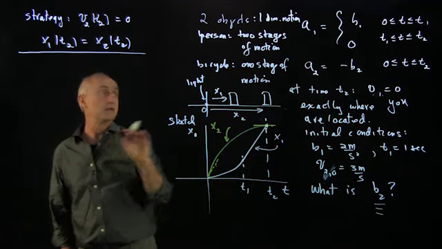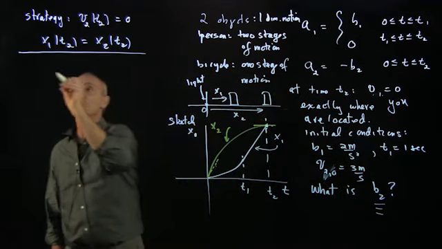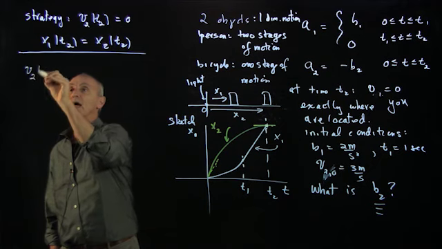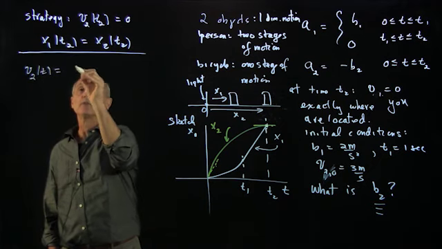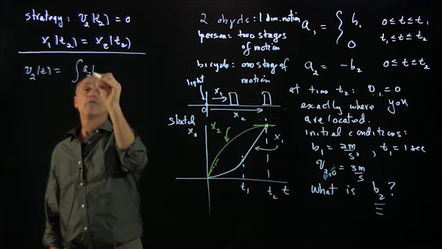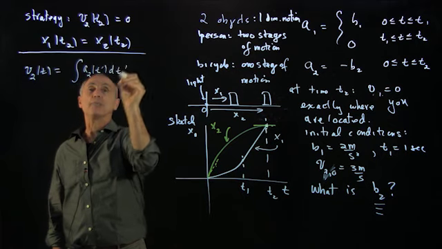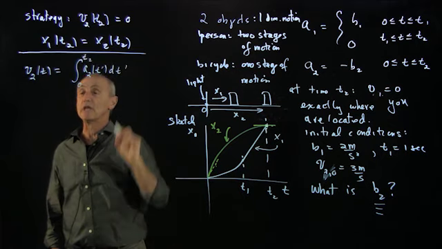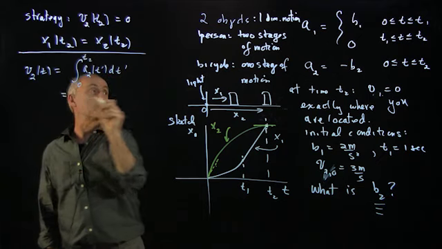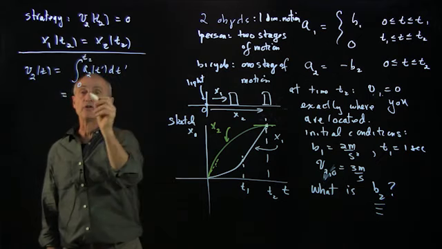So let's begin with the bicyclist. The velocity of the bicyclist as a function of time is simply the integration of the acceleration of the bicyclist, dt prime, from 0 to t2. This is one stage of motion. The acceleration is minus b2, so this is a very straightforward integral.